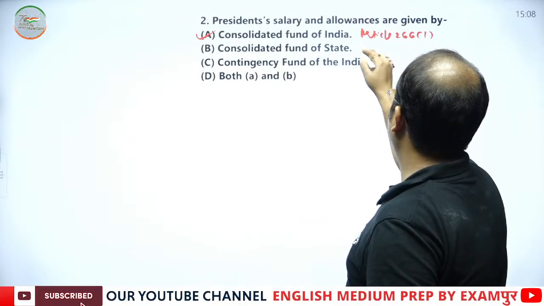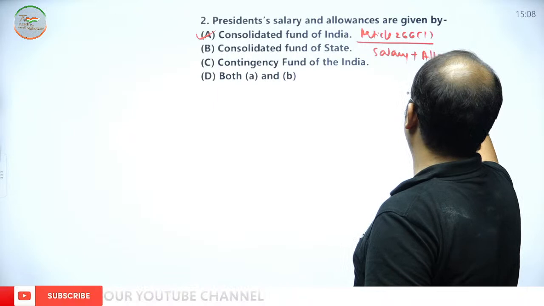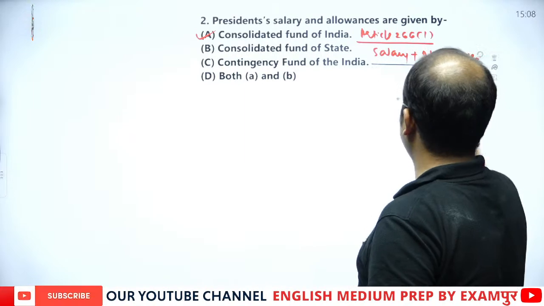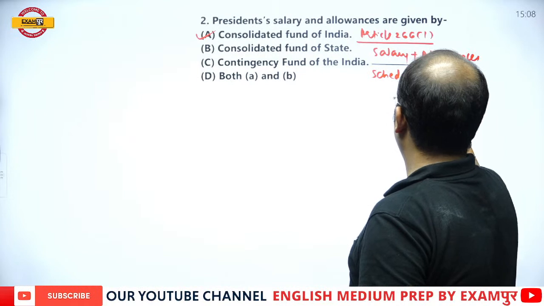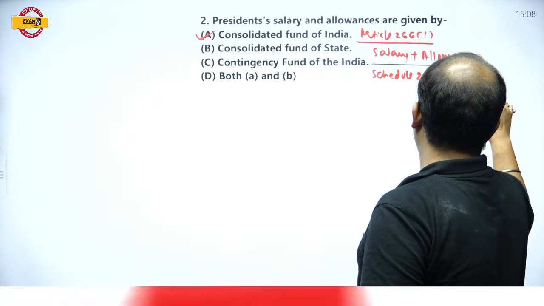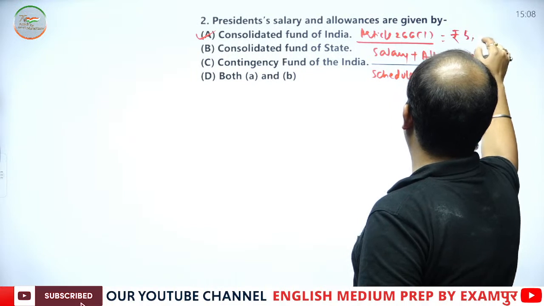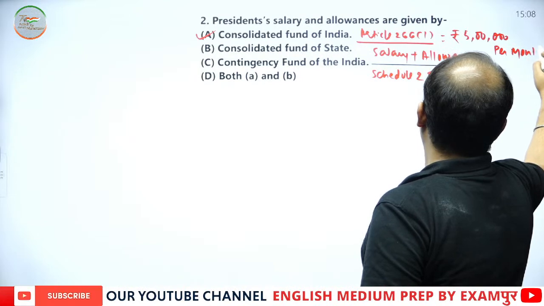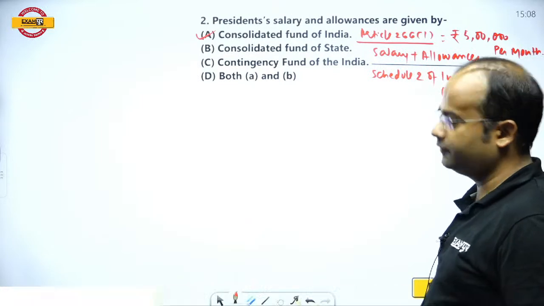Article 266 clause 1, and salary plus allowances are mentioned in Schedule 2 of the Indian Constitution. The salary, we all know, is 5 lakh rupees per month, and it comes from the Consolidated Fund of India.